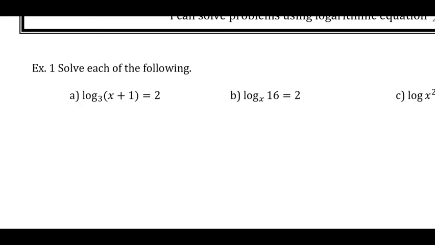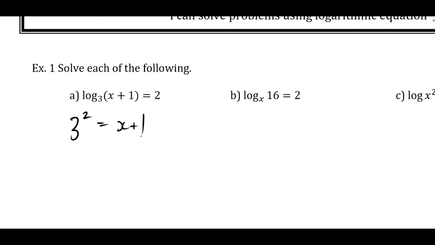If I think about what a logarithm is, writing this in exponential form is by far the easiest way to solve this. So this means 3 squared equals x plus 1. The base stays the same, and the result of a log is the exponent in exponential form.